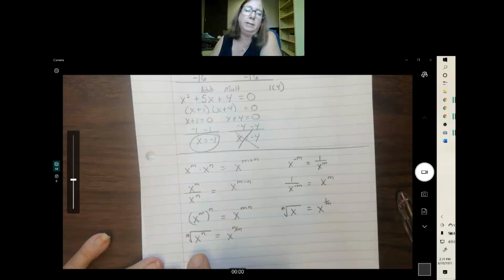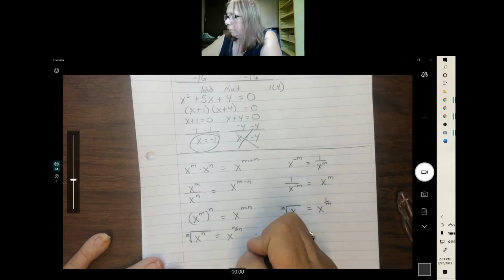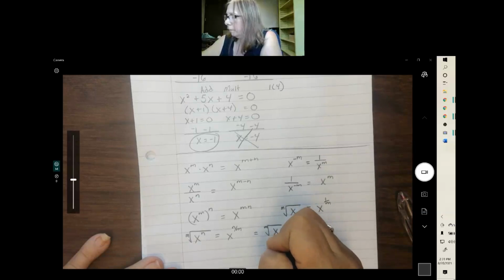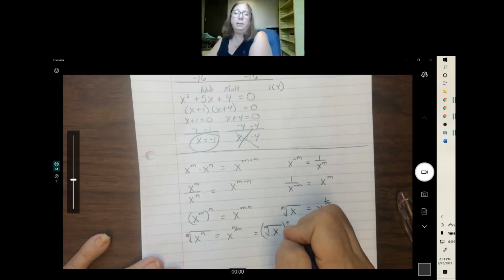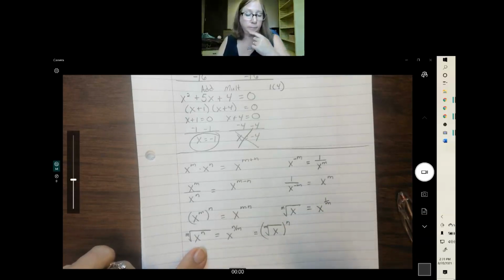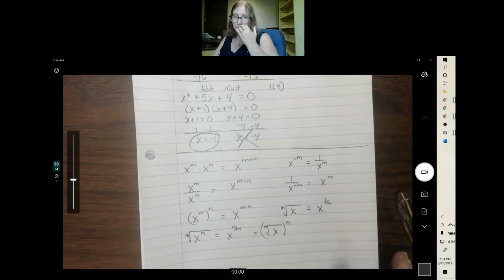And when you have this case, you can either take x to this power and then take the radical, or you can do it the other way. These two mean the same thing. Well, all three do. Okay, let's try some.